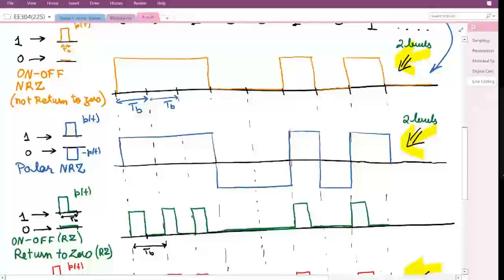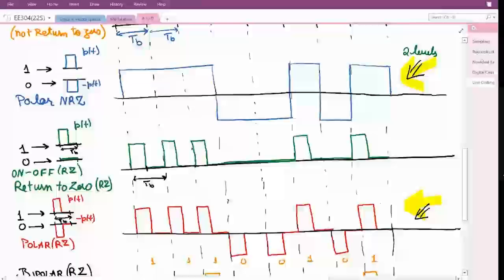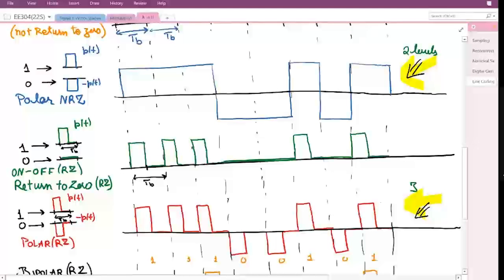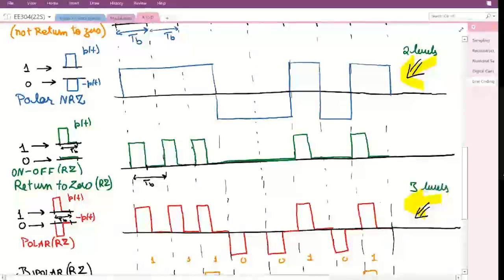Whereas in the case of polar RZ, it takes 3 levels. Is it or not? It takes 3 levels.